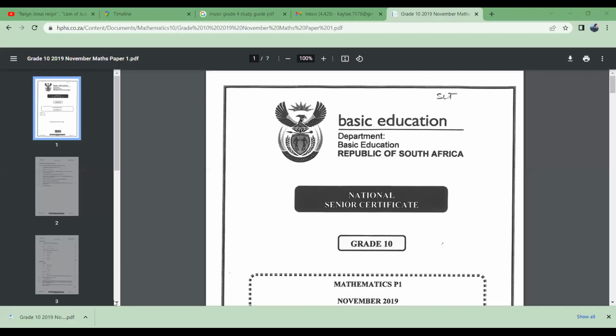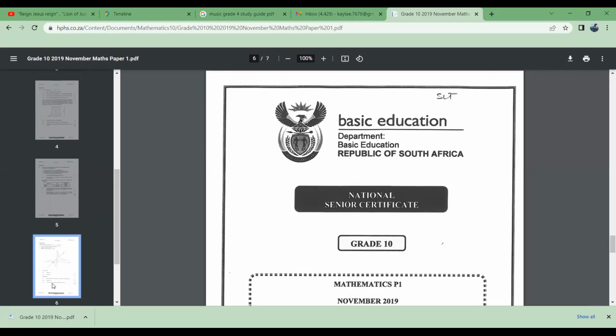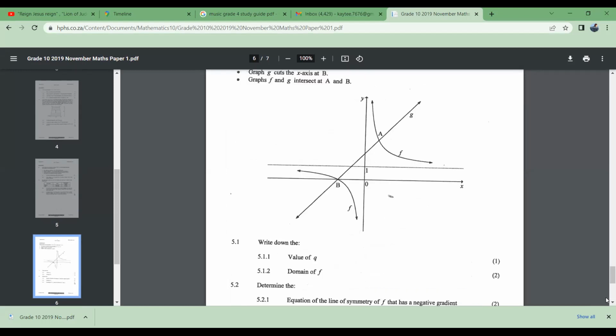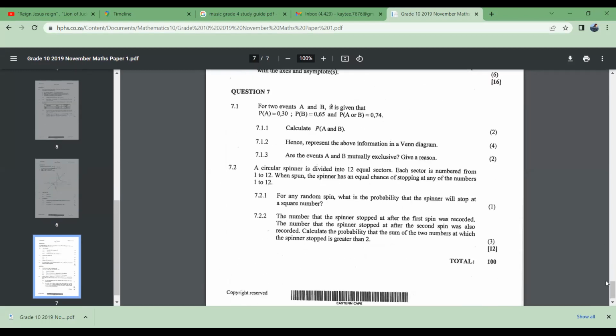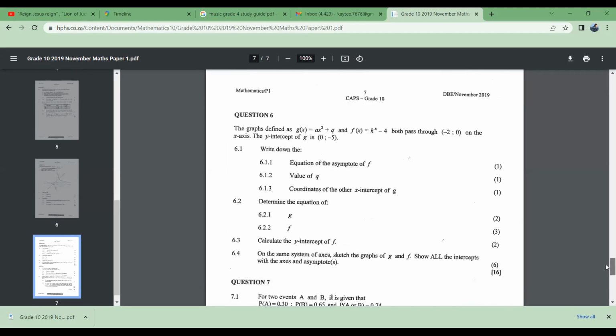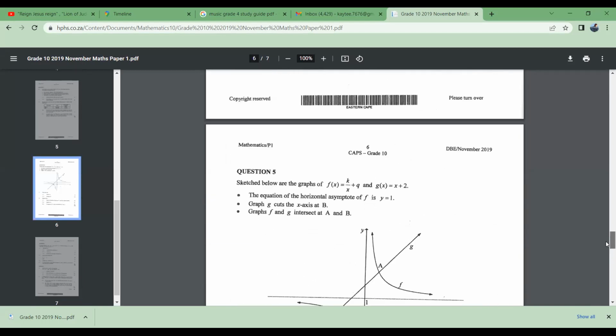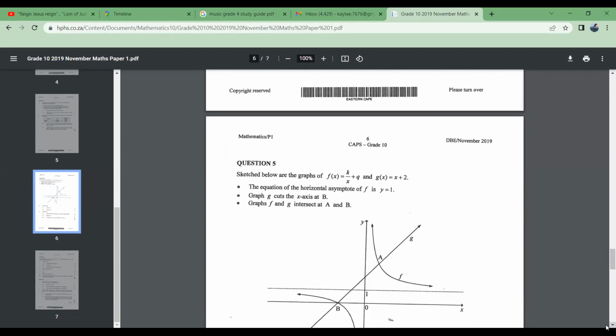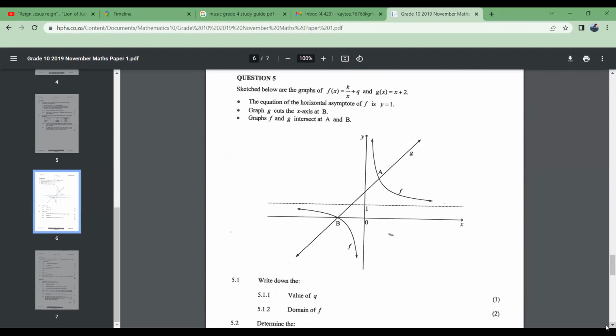Here's the question. For instance, sketch it. The equation is there, and things like that.